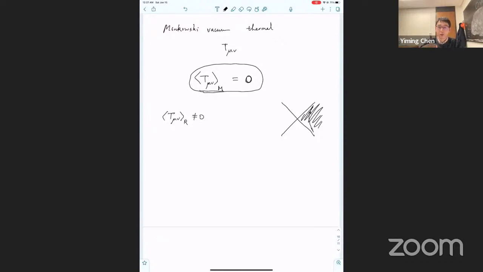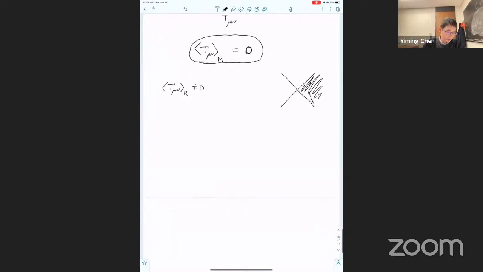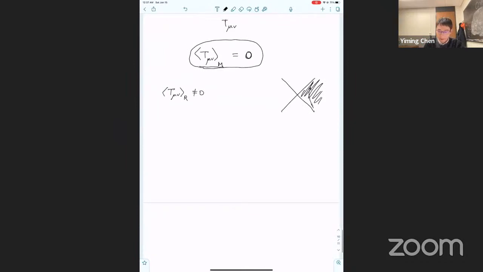So because we are subtracting a different UV divergence, we can get a finite stress tensor. Hopefully I made the physical idea clear. But if it's not clear, it will be clear in the derivation that I'm going to do.